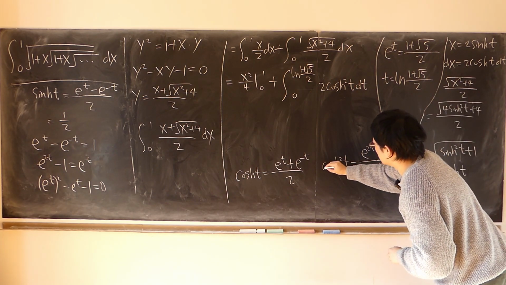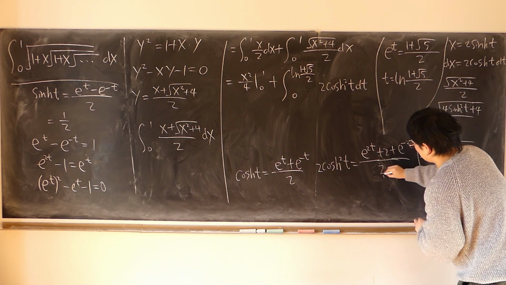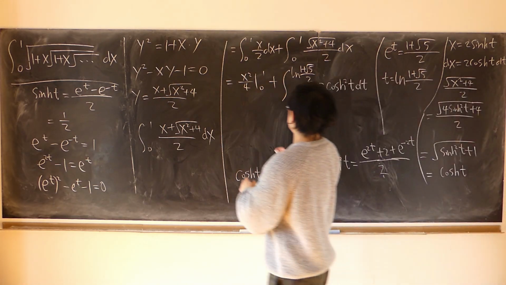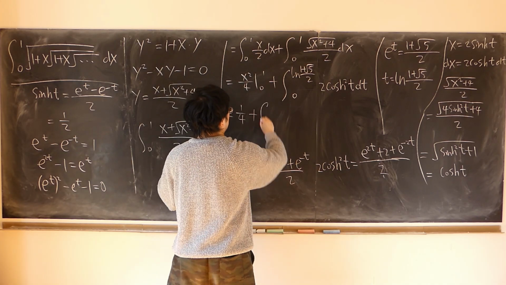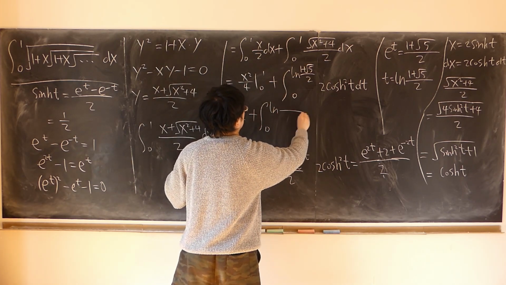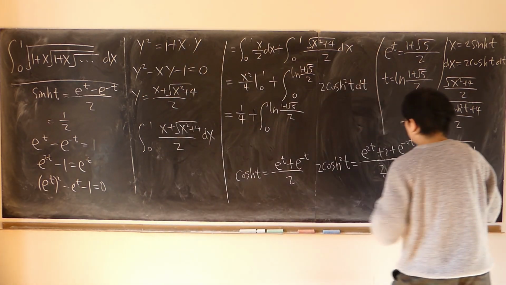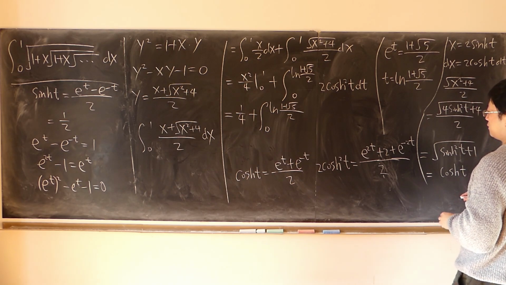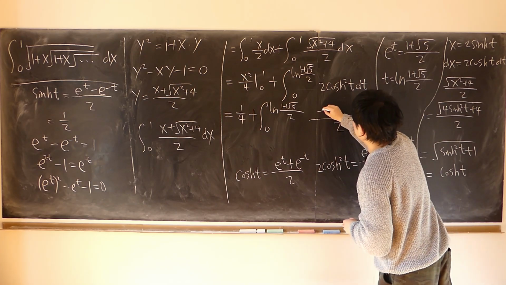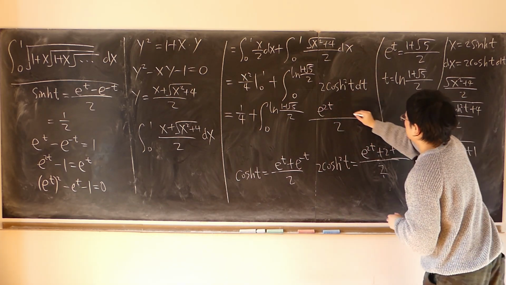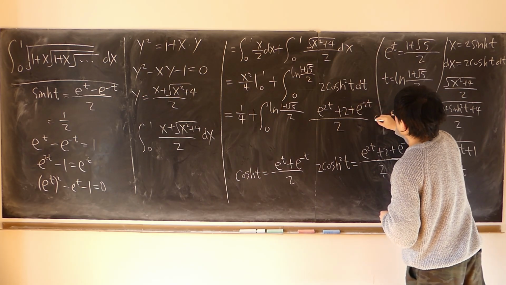So 2 times cosh squared equals half of that. So this should be easy, the integral from 0 to log of half of 1 plus square root of 5, of half times e to the 2t plus 2 plus e to the negative 2t dt.